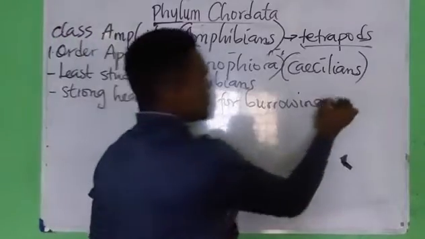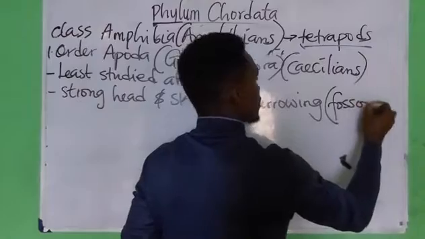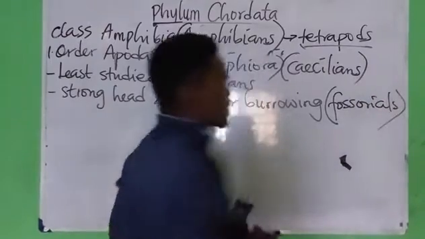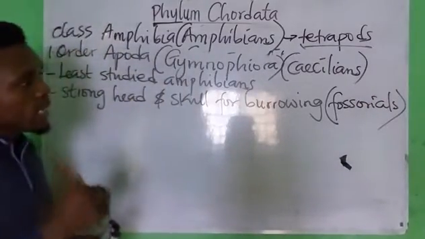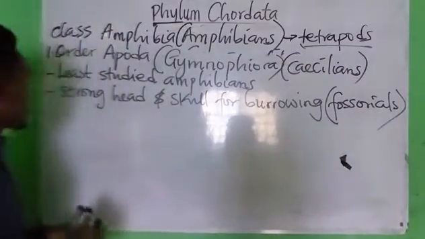Now, if they live in the burrows, they are also called fossoria. Organisms that can burrow or that live in burrows are called fossorias. Please take note of that.